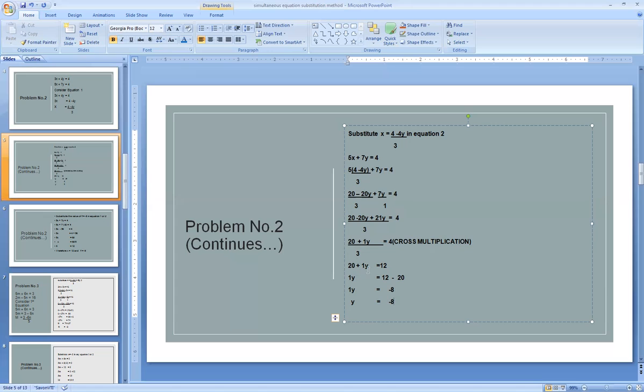So 20 plus 1y, the numerator, remains as it is, and 4 into 3 becomes 12. We retain the value of y at the left and shift the numbers to the right side. 1y equals 12, and this plus 20 becomes minus 20. Therefore 1y equals minus 8, so y is minus 8. This is how we calculate the values of x and y.